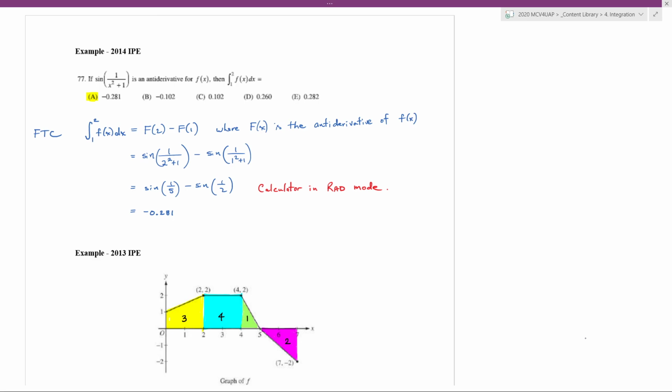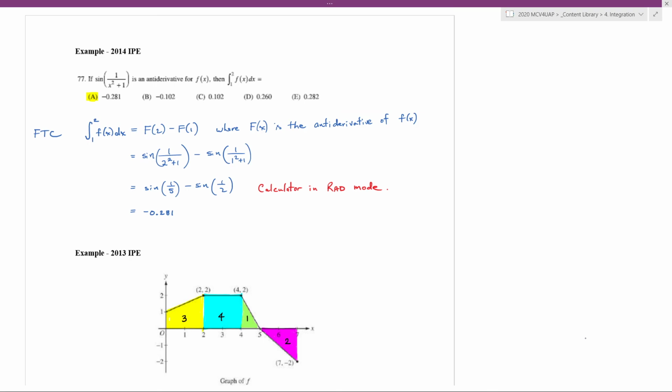Well, they tell us what the antiderivative is. It's that function there. So really all I got to do is sub 2 into that function, sub 1 into that function, and then subtract the two values. So when I do that, I get the sine of 1 over 5 minus the sine of a half. Now, you need to make sure that your calculator is in radian mode when you're using your calculator.